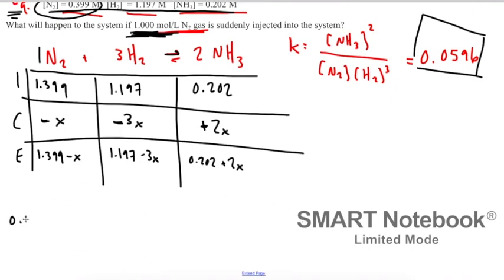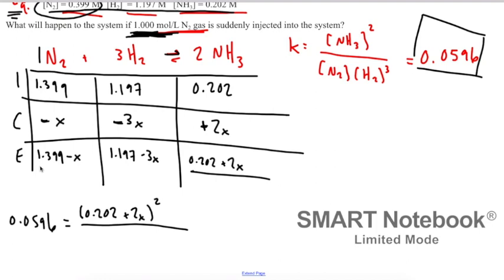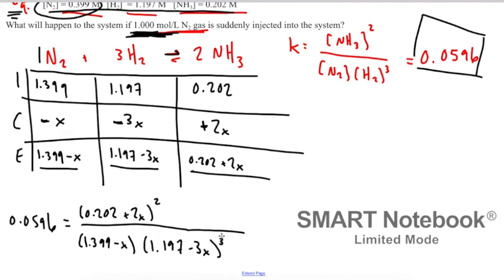So I'm going to say that 0.0596 is equal to the equilibrium concentration of NH3 squared, divided by the equilibrium concentration of N2 times the equilibrium concentration of H2 to the third power. And this is a really complicated equation.